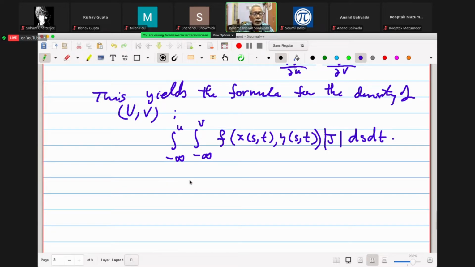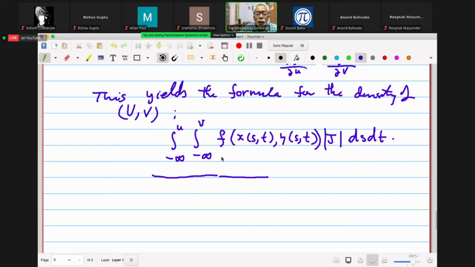We will work out problems in a few minutes, but let us proceed further. This is a very important formula. You can think of this as actually nothing but the chain rule after all. In fact, this is called the chain rule for random variables.